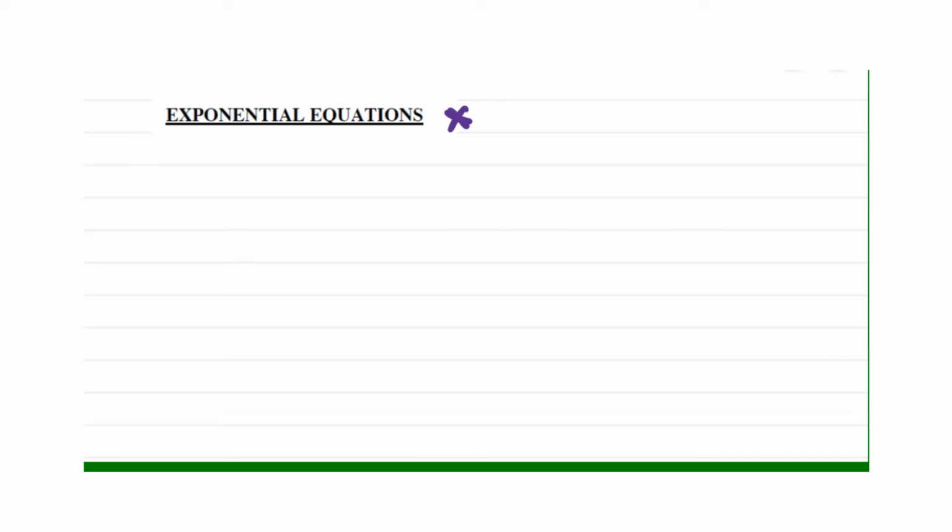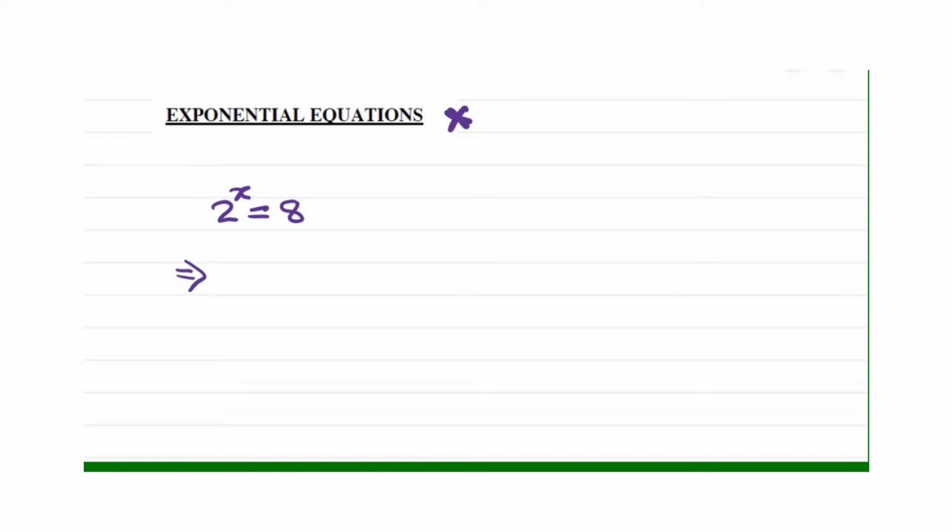For example, when I say 2 to the power x equals 8, this is an exponential equation precisely because our unknown is x and it's in the exponent, as we can see there. So let's start with this simple one.